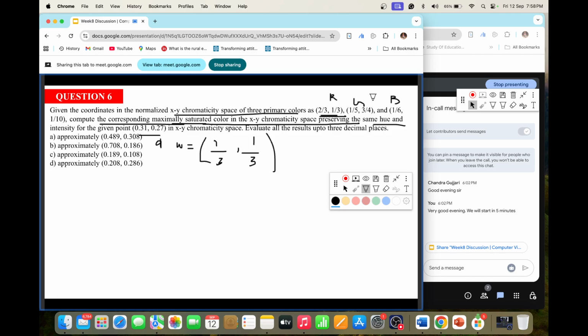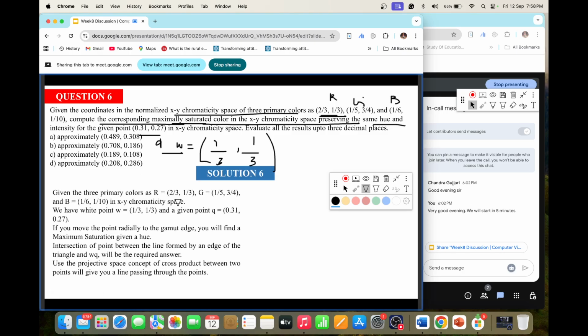So what we will do is form the lines RG, RB and BG first, and then we will form the line WQ. W is this and Q is this. Once we intersect all the lines, we will choose the answer accordingly. R is this, G is this, B is this, W is this, and Q is this.